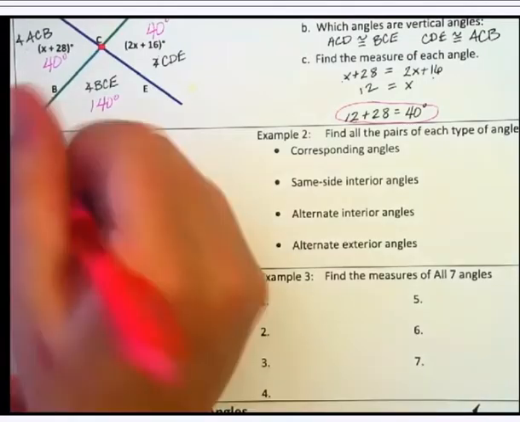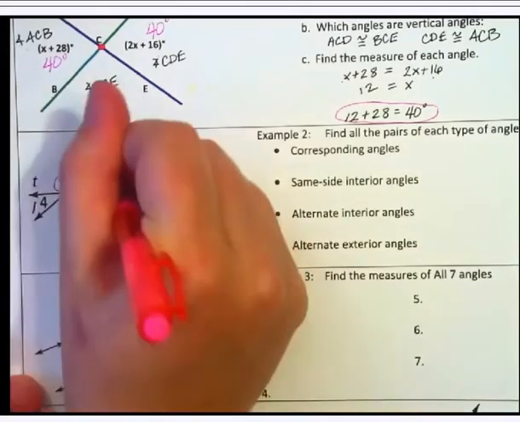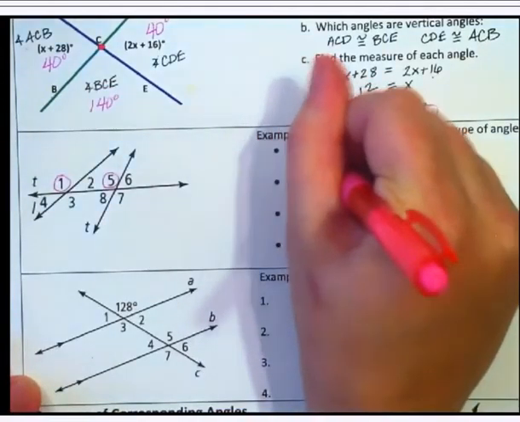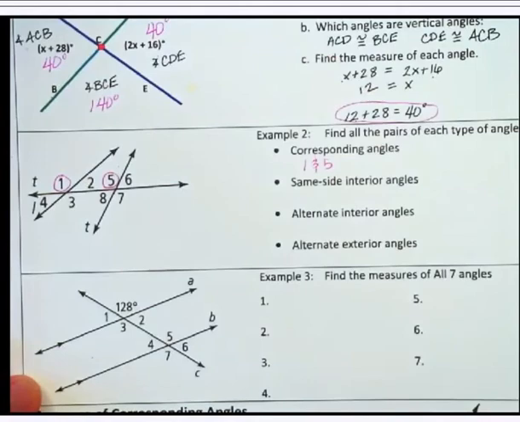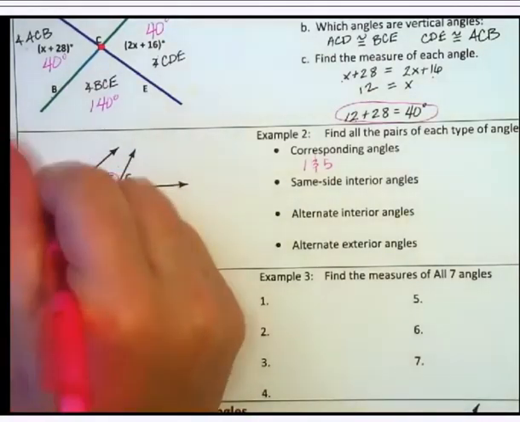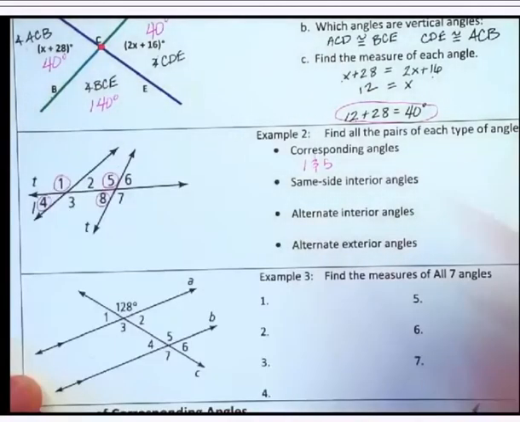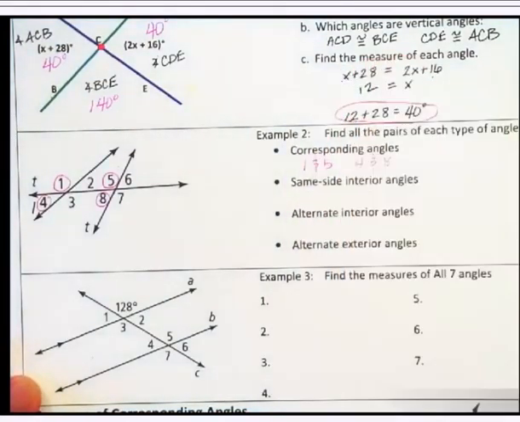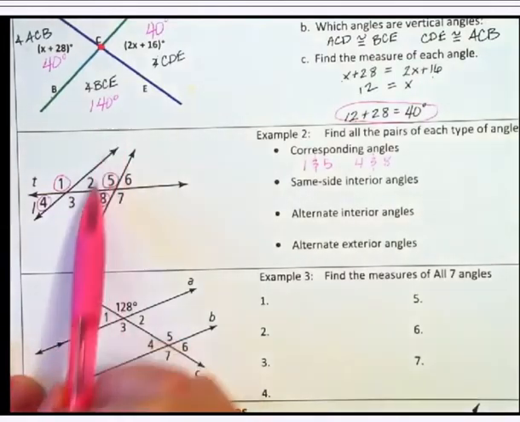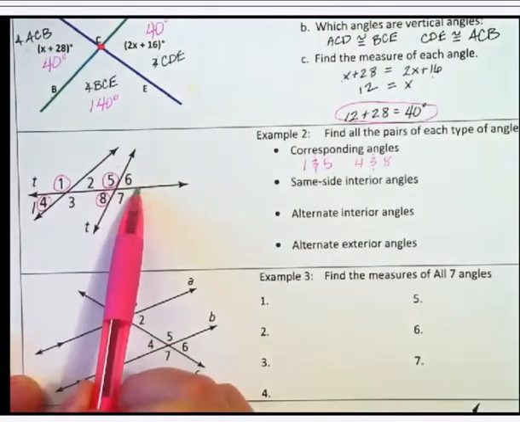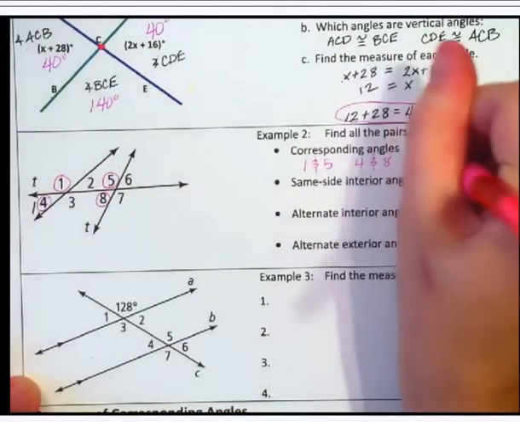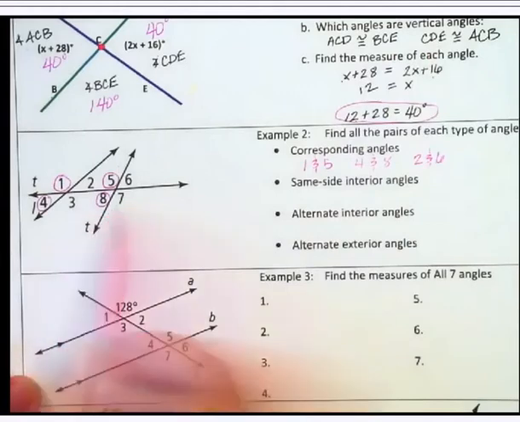So 1 and 5 are corresponding. 4 and 8 are corresponding. Now I'm going to move to the right side of the transversal. 2 and 6. And then 3 and 7.